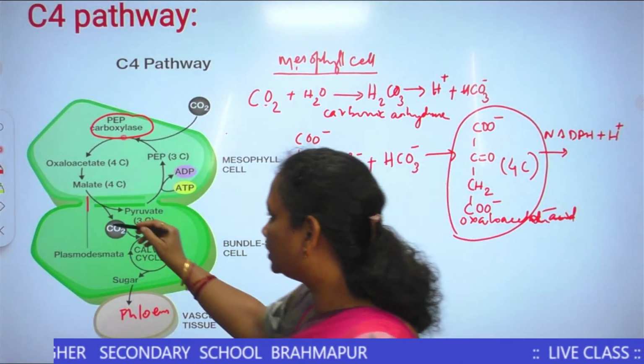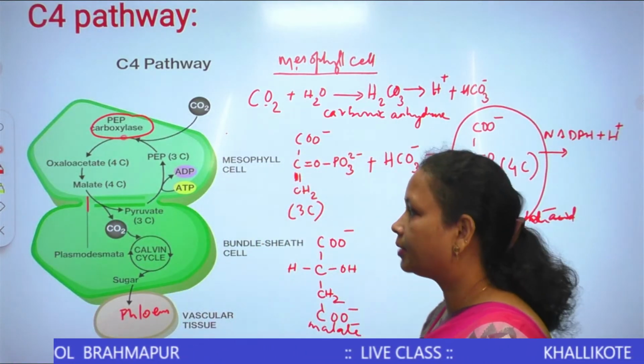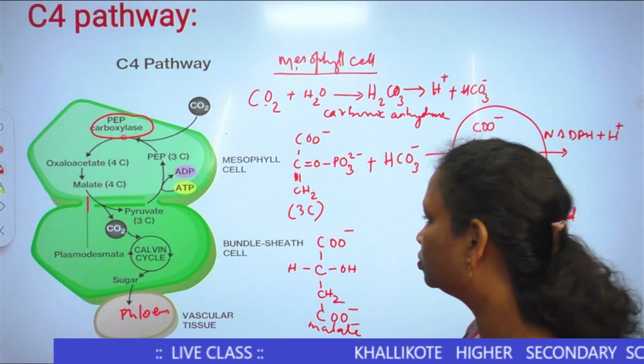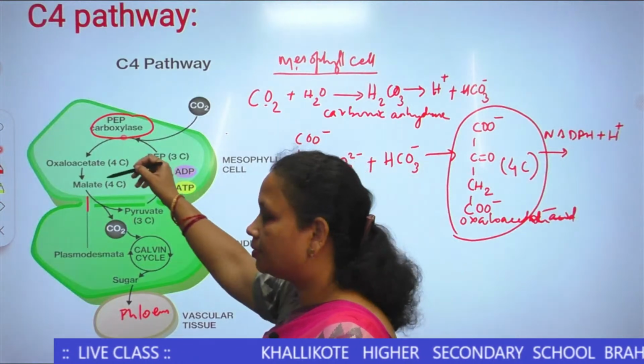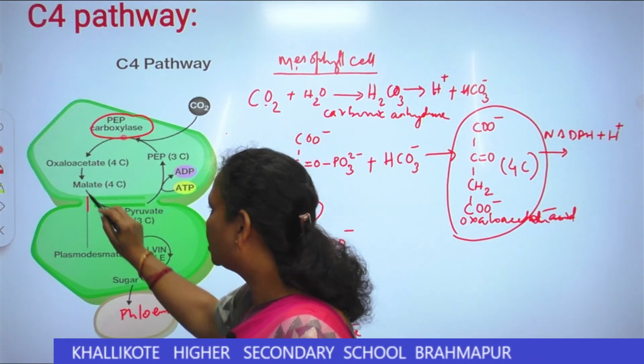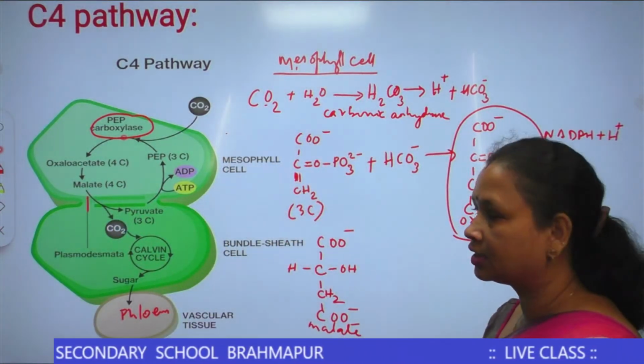So this is a continuity between the cytoplasm of the 2 nearby cells. So the mesophyll cells remaining nearer to the bundle sheath cell, the malate is transported through the plasmodesmata into the bundle sheath cell.